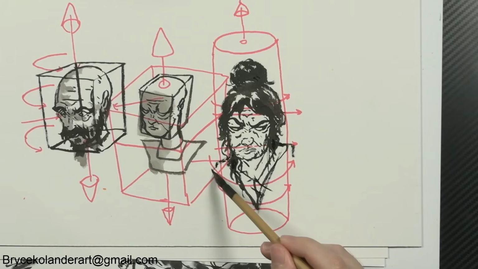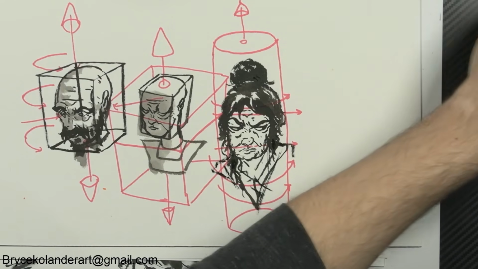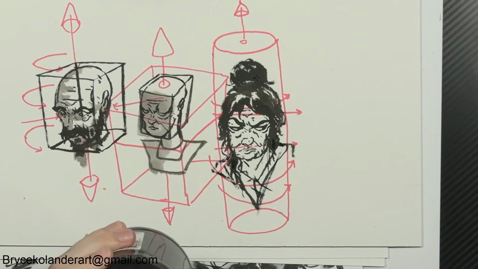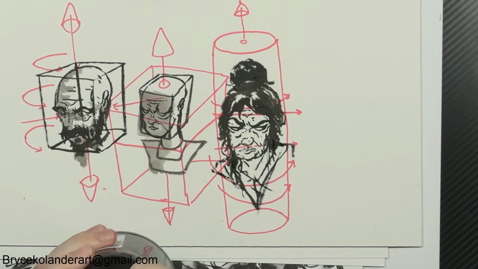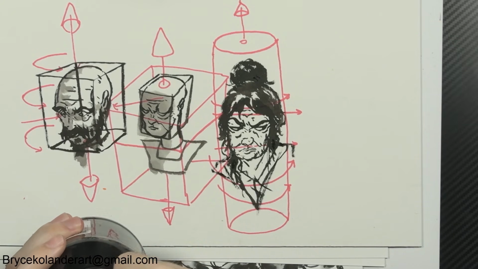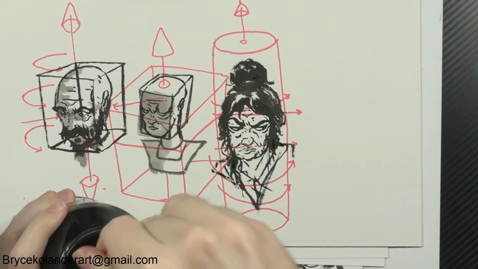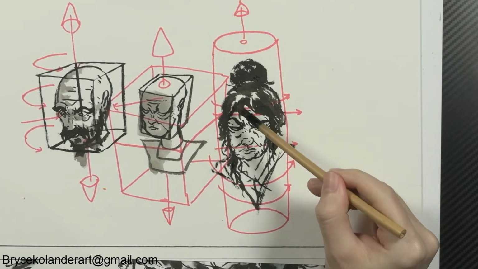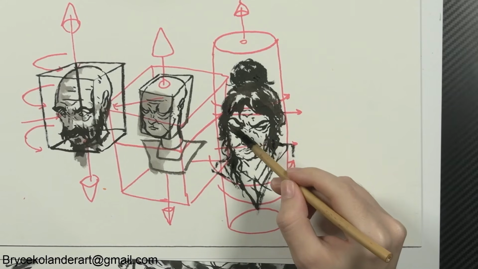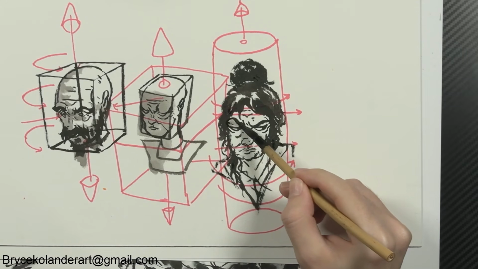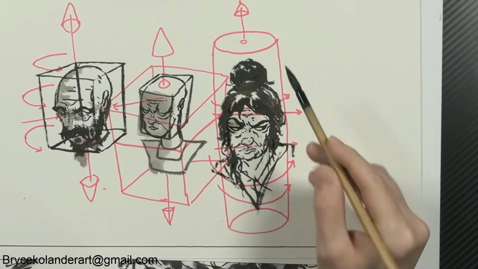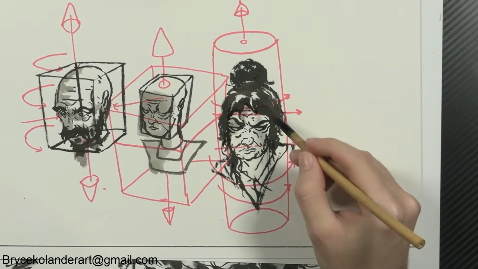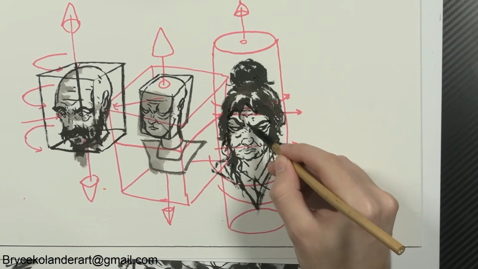Let's do some kind of action with him. So I'll add the shadow, and that will add a bit of roundness. And this is something that the square or the box doesn't have.